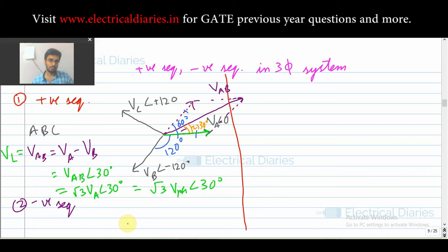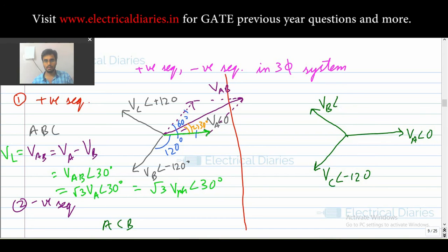Now see the negative sequence. I am drawing with another line. Again I am taking phase voltage VA at an angle 0, but this time it is a negative sequence, so the phase sequence will be ACB. VA at an angle 0, VC at an angle minus 120, and VB at an angle minus 240, or you can say 120 degrees.